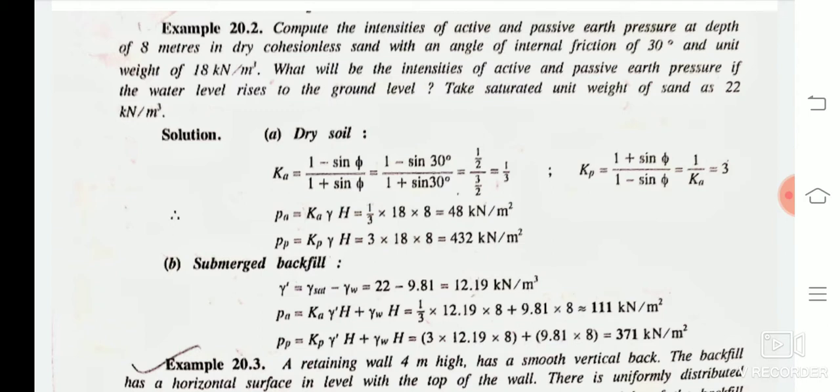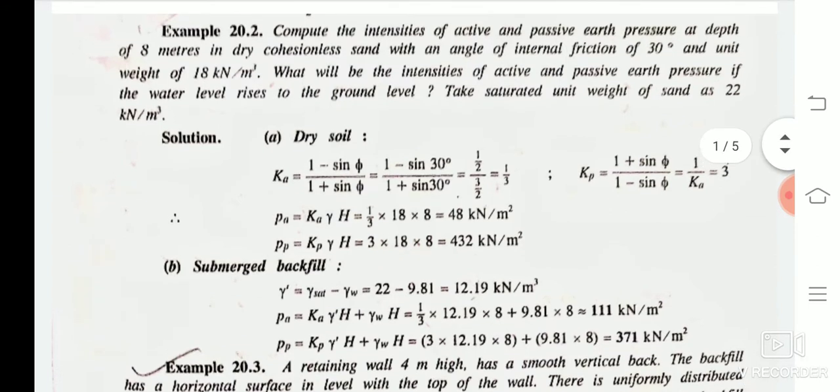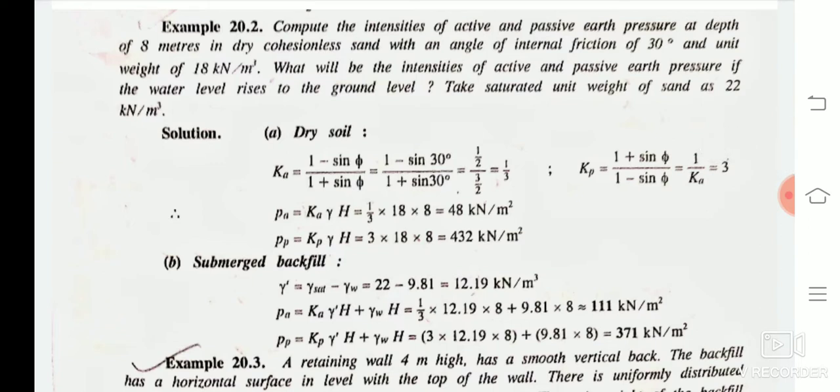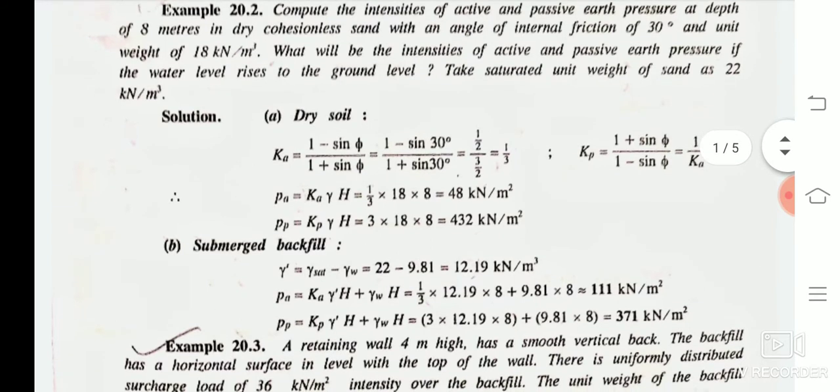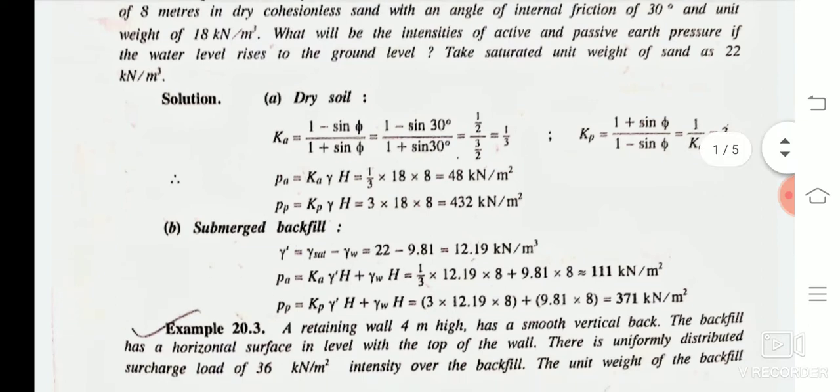As we all know, the active earth pressure coefficient Ka is given by 1 minus sin phi by 1 plus sin phi, and the coefficient of passive earth pressure is given by Kp equals 1 plus sin phi by 1 minus sin phi. Let us substitute phi as 30 degrees, and after replacement we obtain Ka as 1 by 3 and Kp as 3.